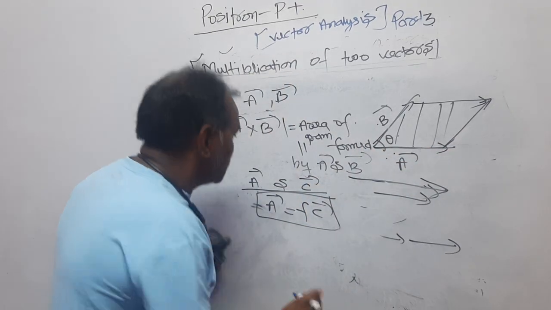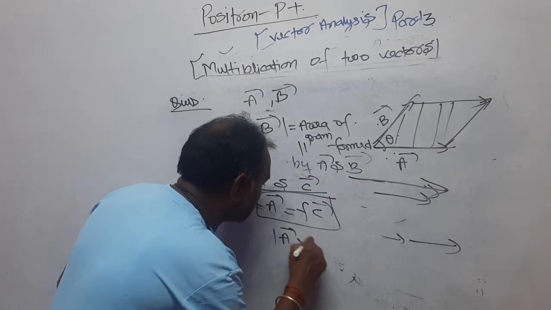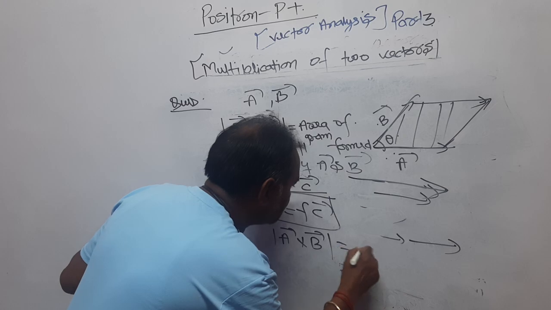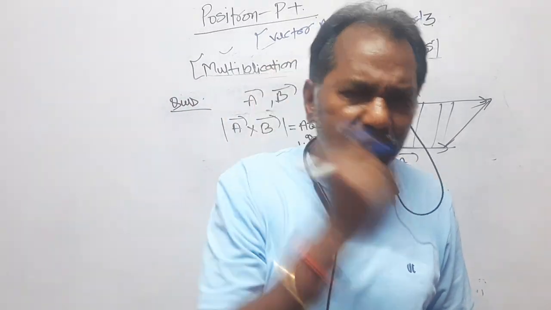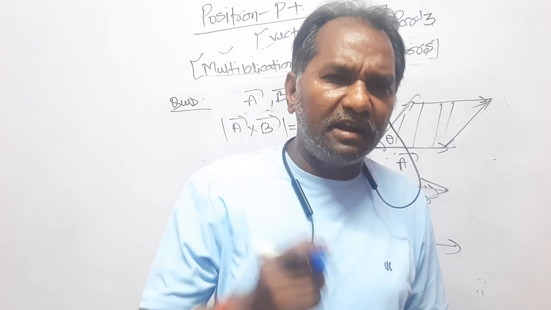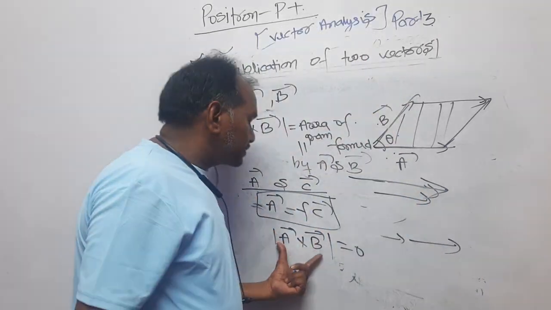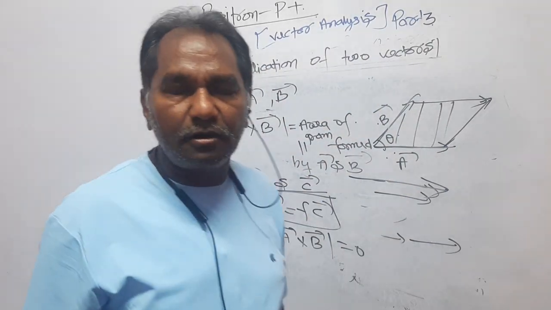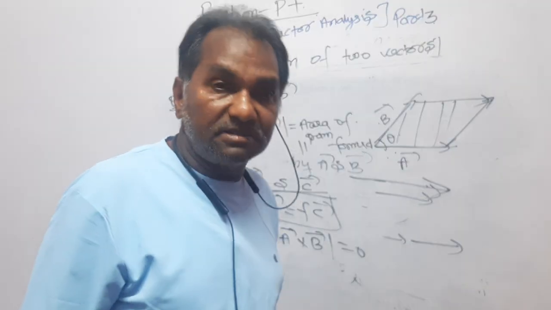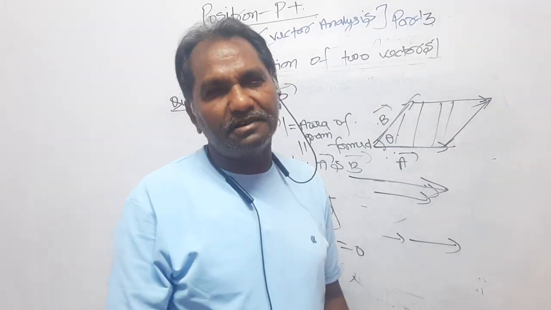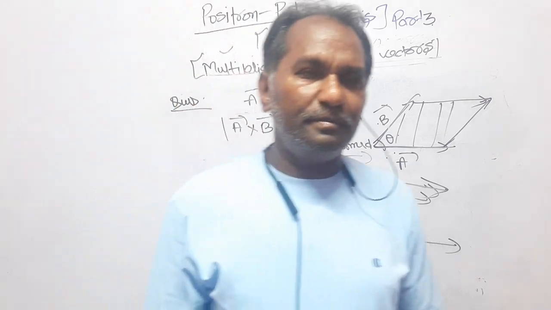In that case, mod of vector A cross vector B will be 0. It means if you have to prove that two given vectors are parallel, coplanar or collinear, then the mod of their cross product should vanish. Only then can you say that the two vectors are collinear or coplanar.